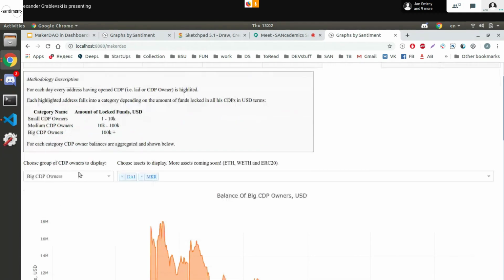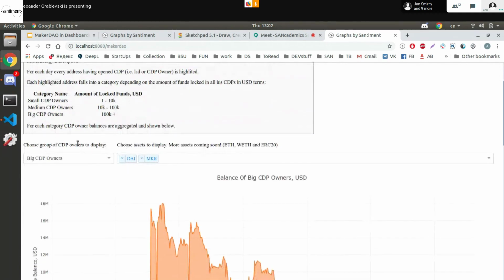So, for example, one of the hottest topics in the Maker community is that they're going to implement multi-collateral CDPs. So currently you can lock only Ethereum, but the Maker team wants to create CDPs where you will be able to lock not only Ethereum but some other tokens.